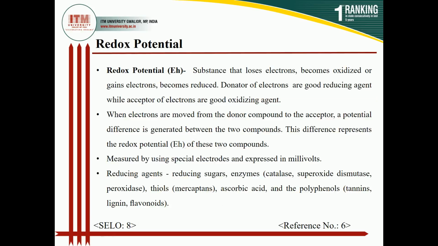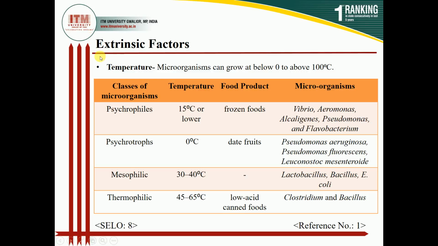Next are the extrinsic factors, and the first point is temperature. As we all know, microorganisms can grow from below 0 to above 100 degrees, and for that I have already used several terms in the previous classes.